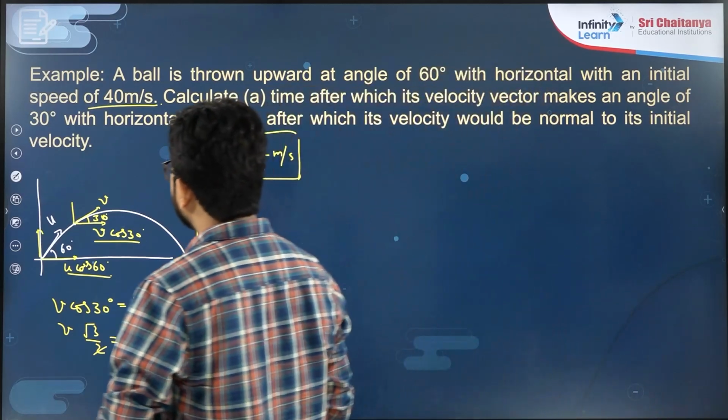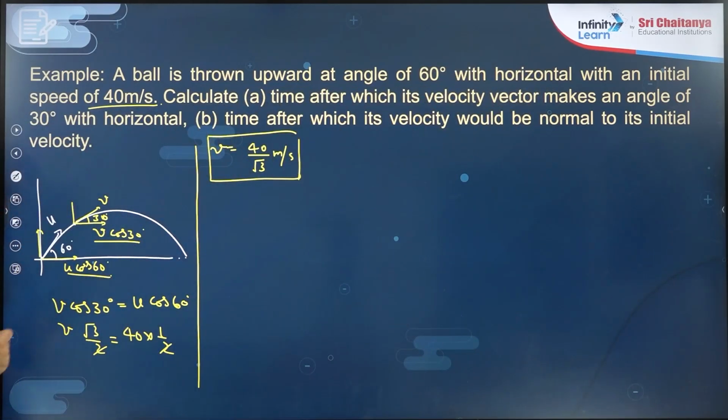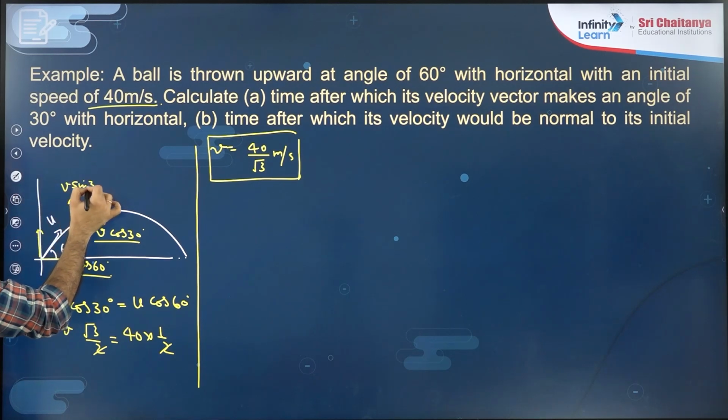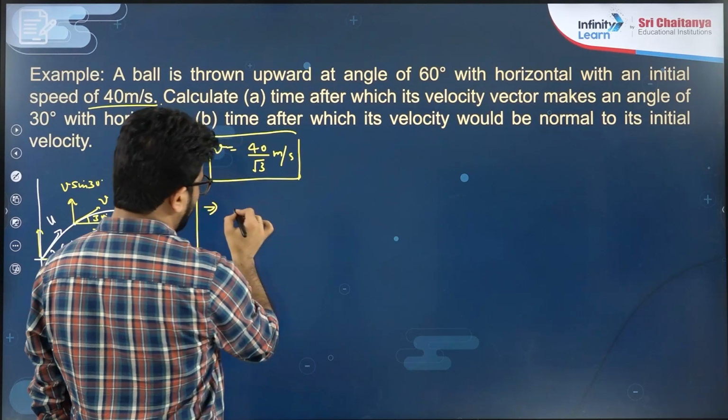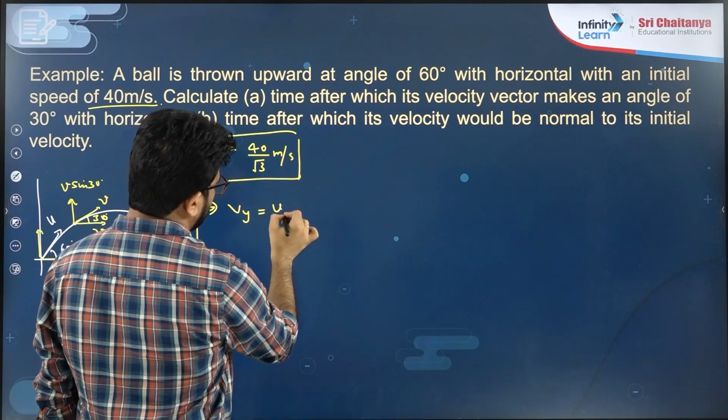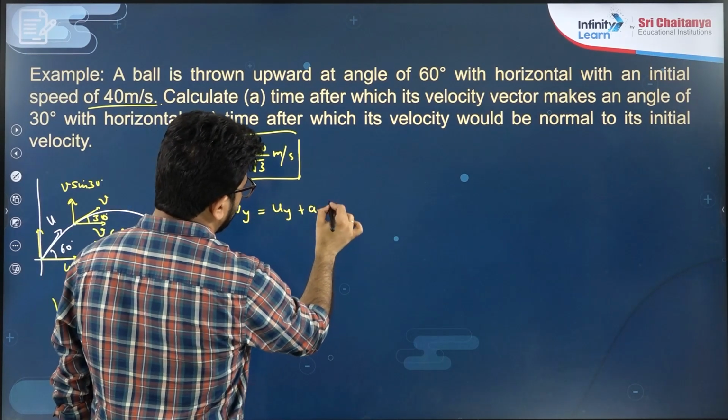Okay, so now we are going to write the vertical direction components. Initial was how much? u sin 60, and this would be v sin 30 degree. I am applying here for vertical: vy is equal to uy plus ay into t.